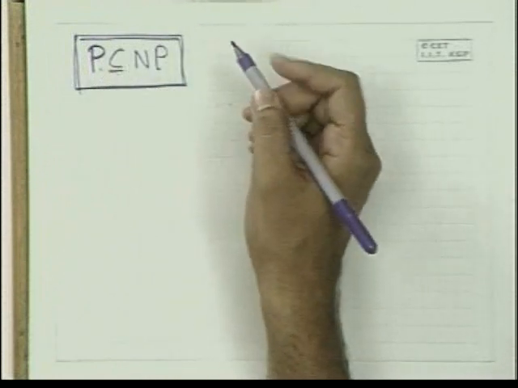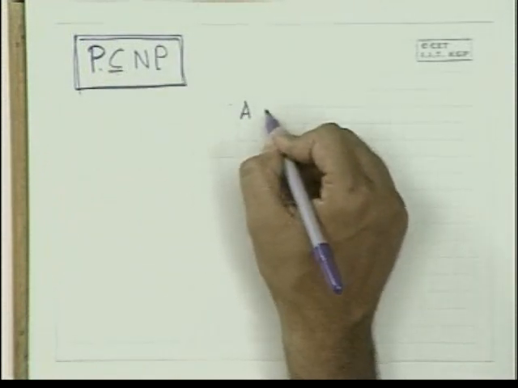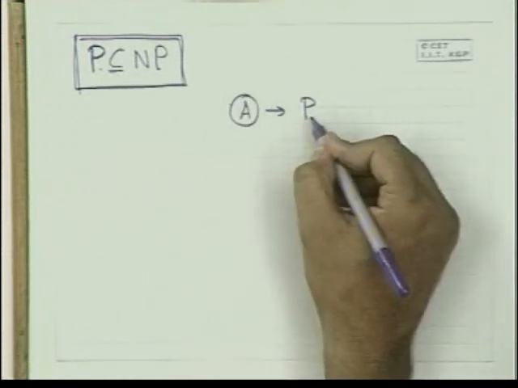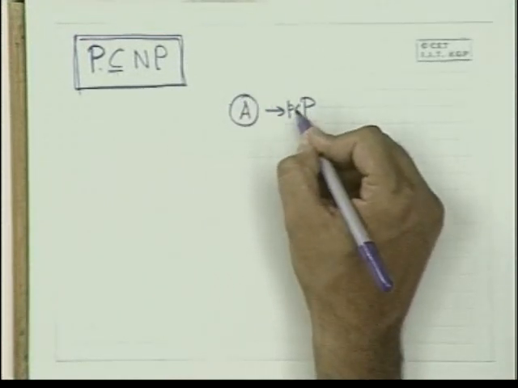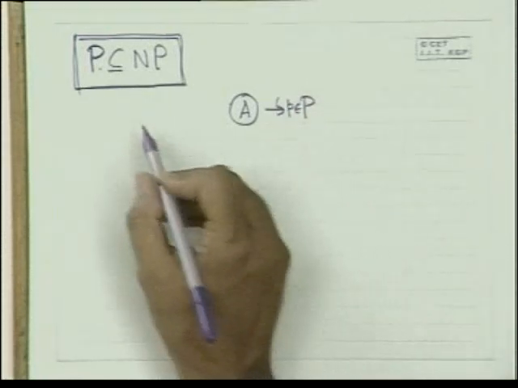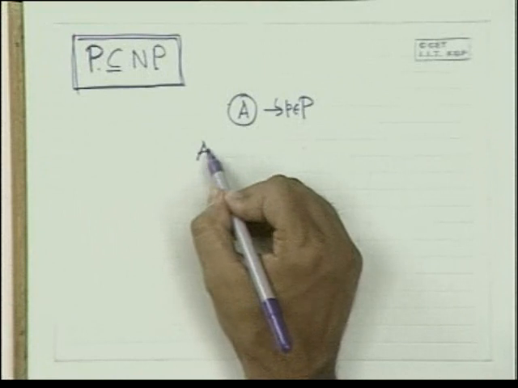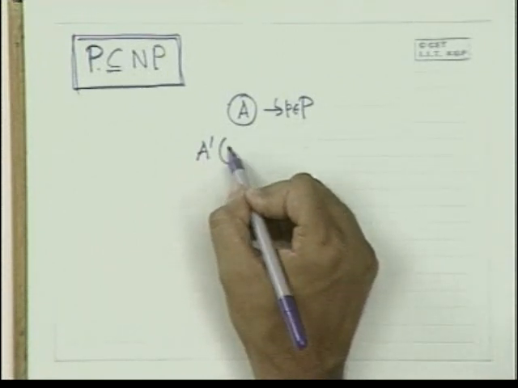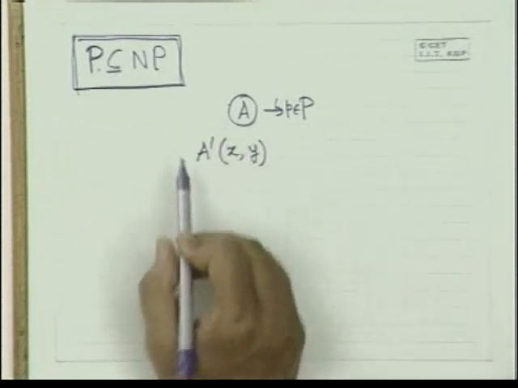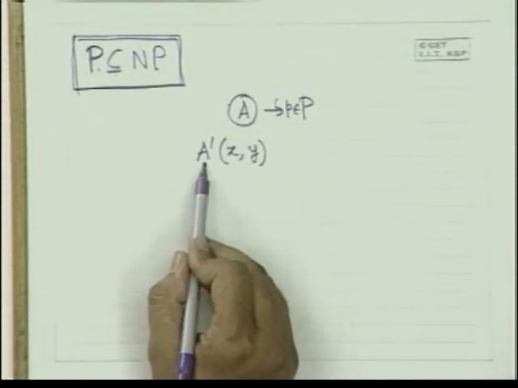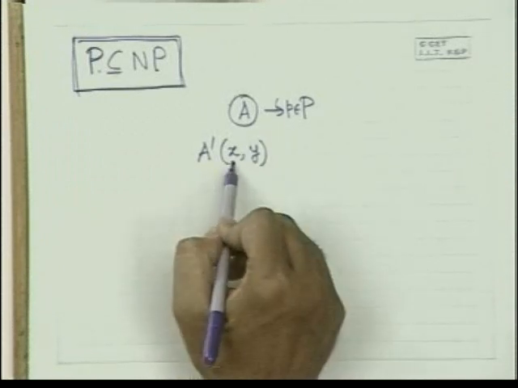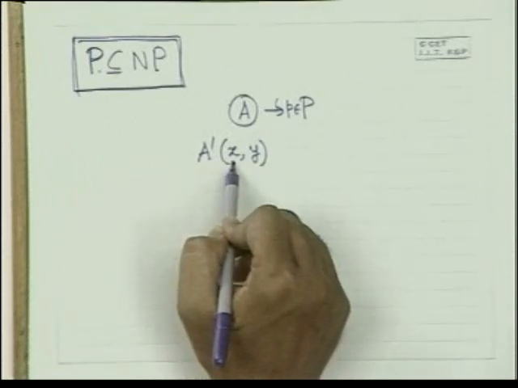Or formally, what we can say: suppose there is an algorithm A which solves a problem P in P. What we can do is say I have an algorithm A prime which takes x and a certificate y, because I need to know that there exists a polynomial time algorithm A prime which will solve the problem P. P is actually encoded by x here.